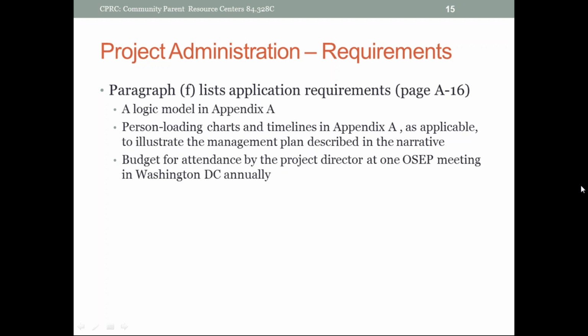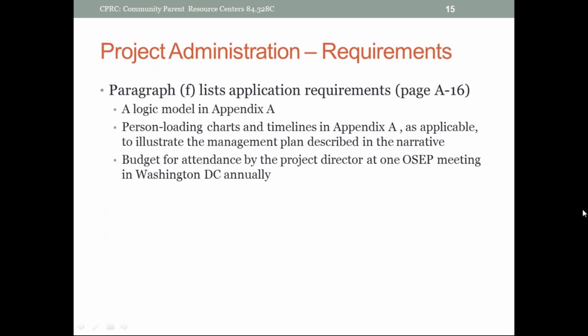This can be something that can be discussed later in your budget change, but it's very helpful, and it's a sign of your interest and the seriousness that you include these general requirements throughout. And certainly the logic model, since so much depends on it, it should be in paragraph F. Okay.